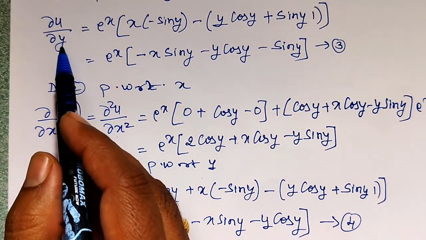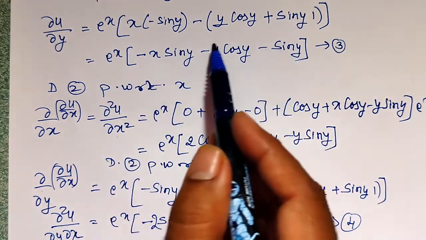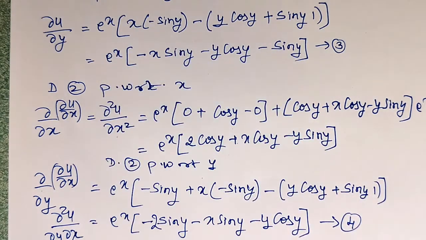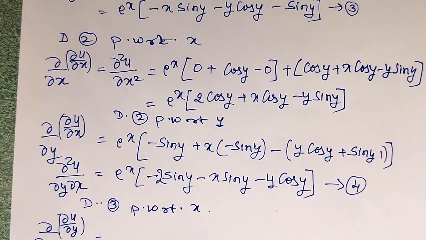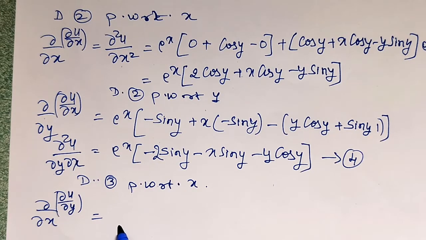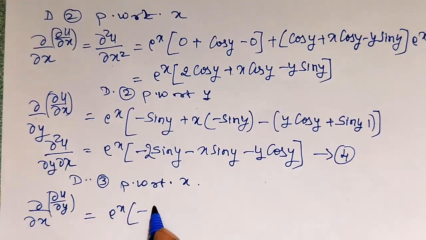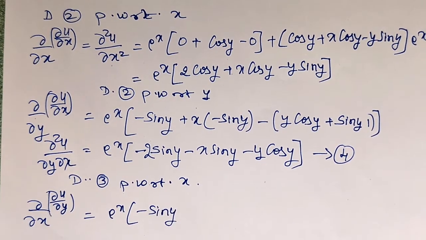This is my del u by del y. I am differentiating this one with respect to x. Again, x e raised to x is there, so I have to use the product rule for these two. E raised to x into the differentiation of x into minus sin y will become minus sin y.